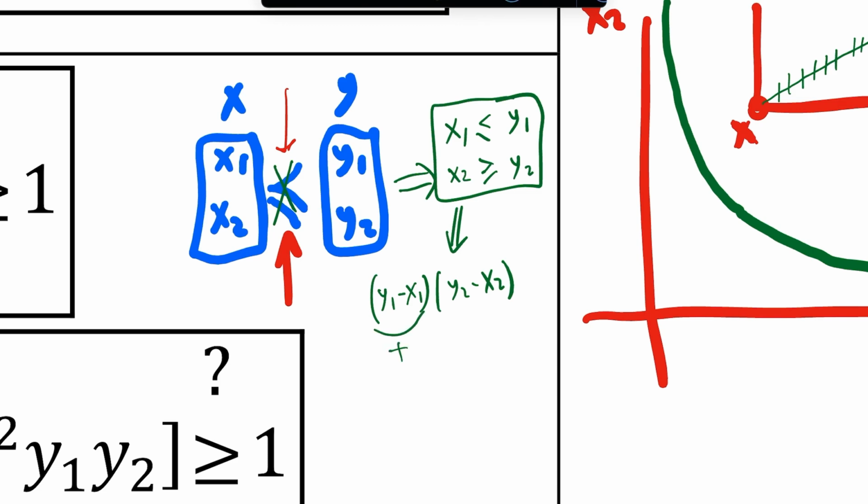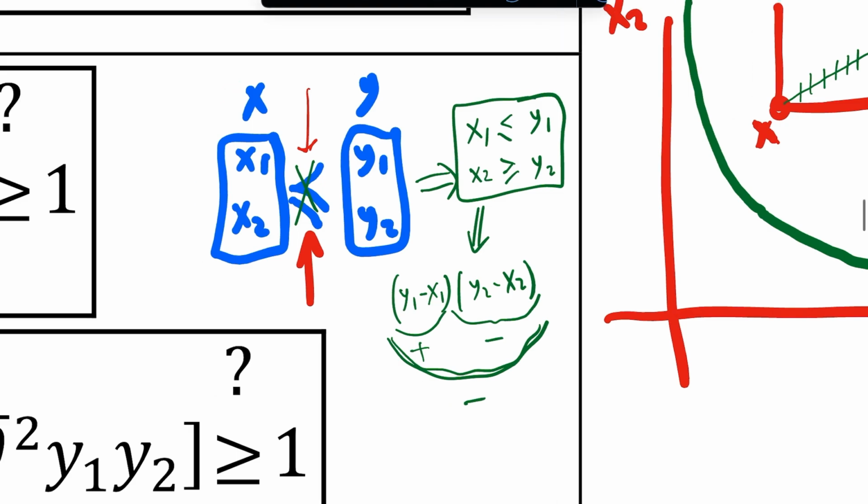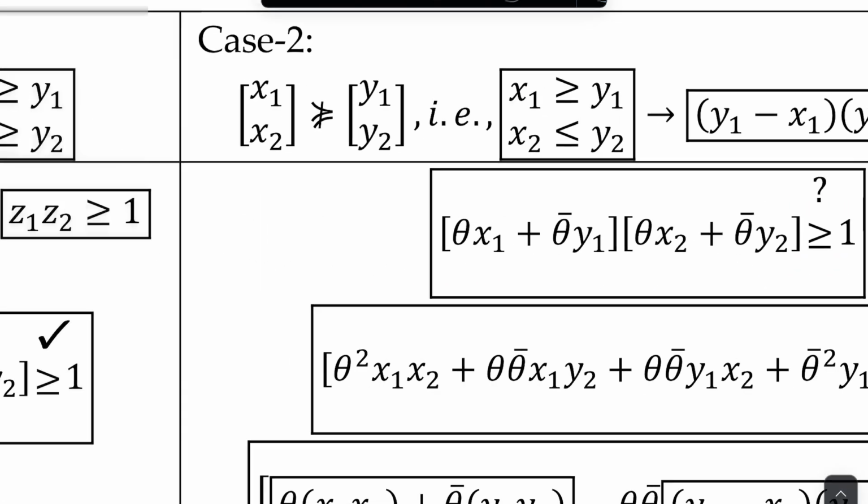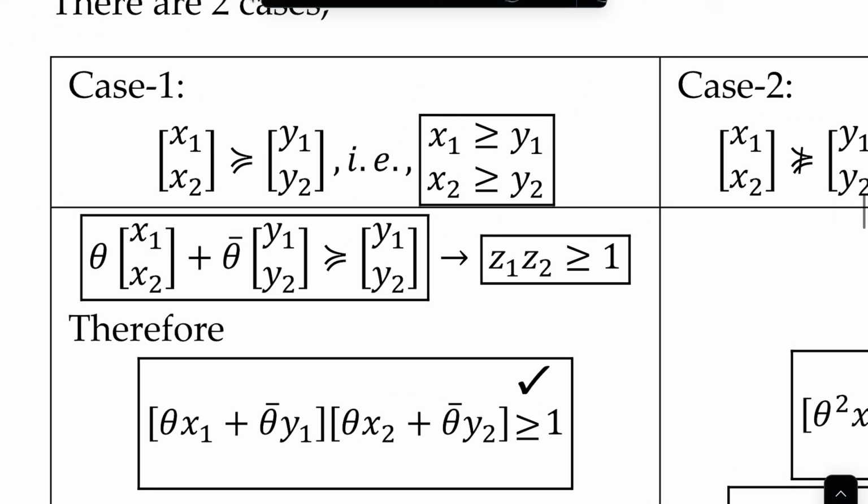And y2 is less than or equal to x2, so that means this is negative, and then this whole expression is negative. Okay, so we will use that now. And yes, this is case 1, and I wrote something like this. Again, this is something that we know what that is.